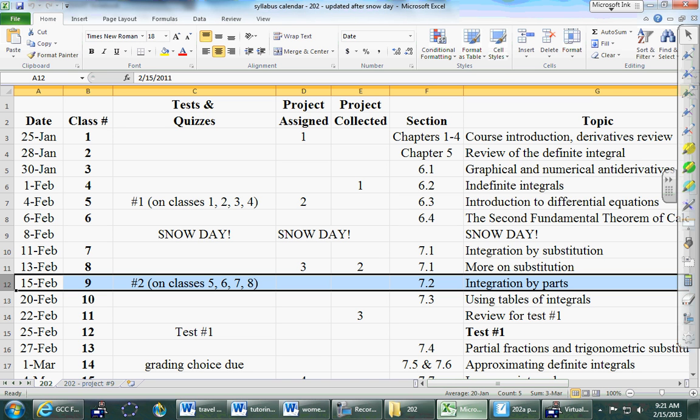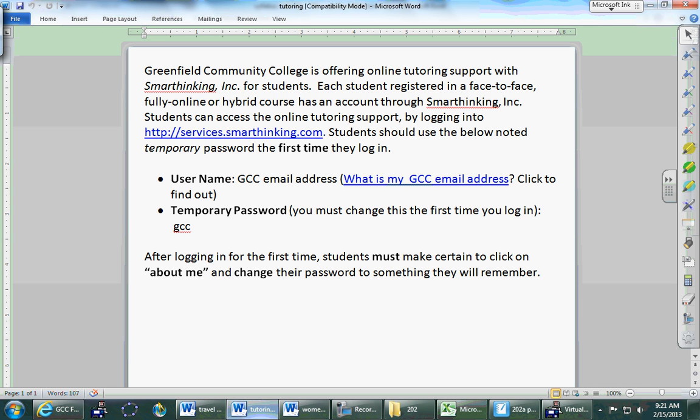Okay, a couple of announcements unrelated to this class. Number 1, last semester I talked quite a bit about this free tutoring service online that GCC has subscribed to on behalf of its students. It was called Smart Thinking, and I gave some little sample information about it last semester. We're not going to go into near that much detail, but it is available to you again. There's the webpage.